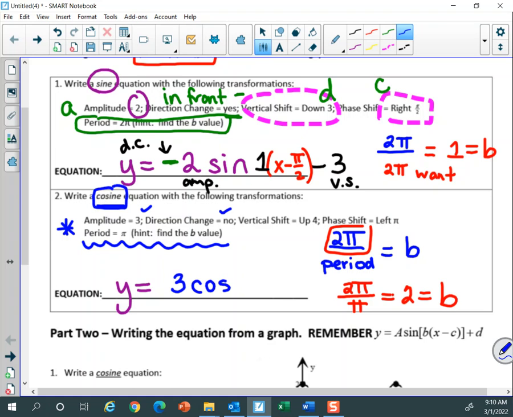I'm going to make my little space for B and for any shifting. Vertical shift is up 4.